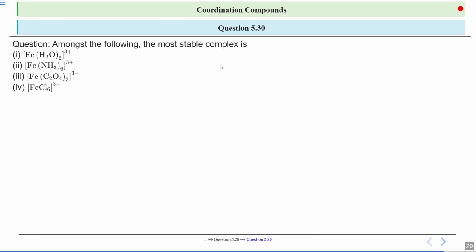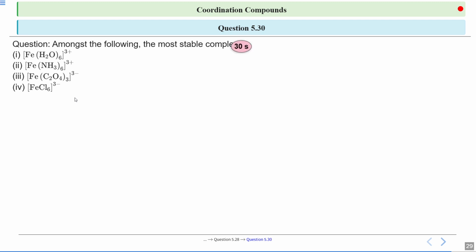Let's see our next question, question number 5.30. The question says: amongst the following, the most stable complex is. You are given the complexes and you have to find out the stable one: [Fe(H2O)6]3+, [Fe(NH3)6]3+, [Fe(C2O4)3]3-, or [FeCl6]3-. From these complexes, you have to identify the most stable one. You are given some time.